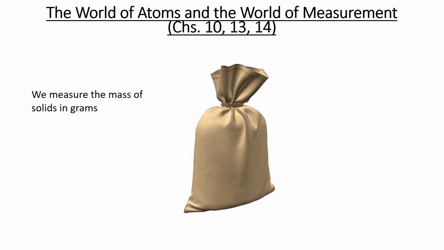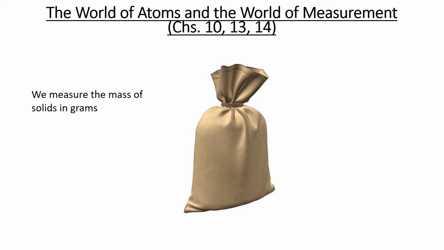We use a balance. Remember, you have that electronic balance. You put scoops of your sample on the balance, and the balance will read out the mass. The balance is really telling you how much matter is in the sample that you measure. Mass is the amount of matter in an object.